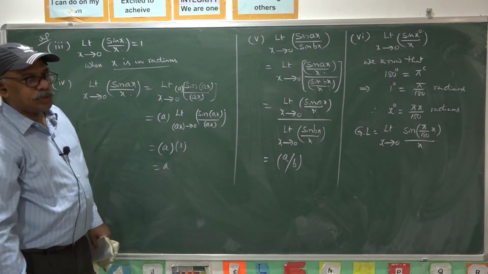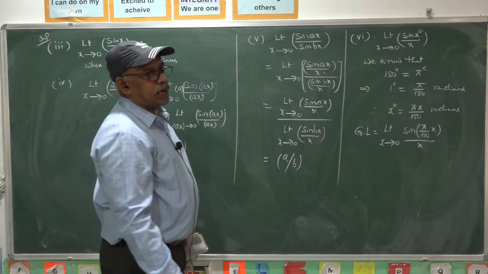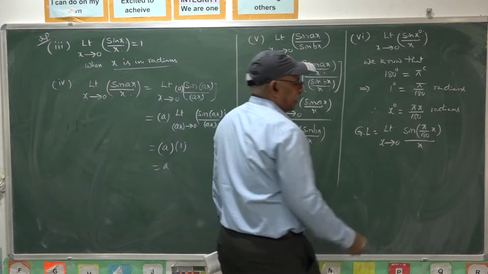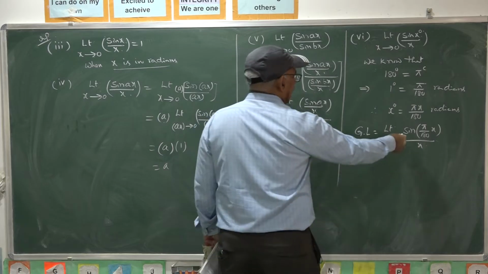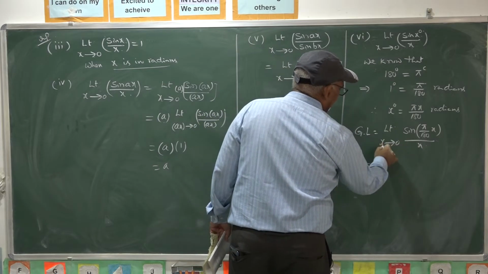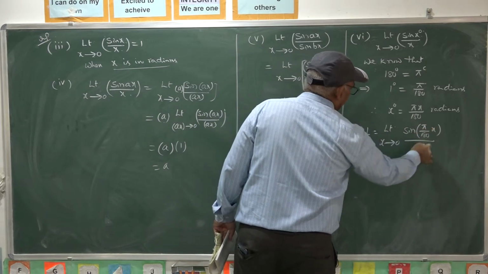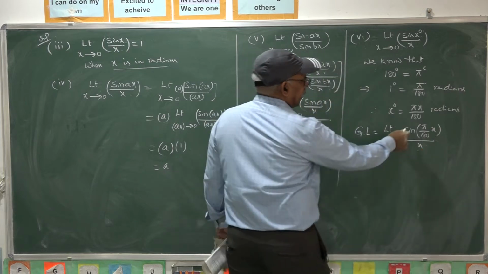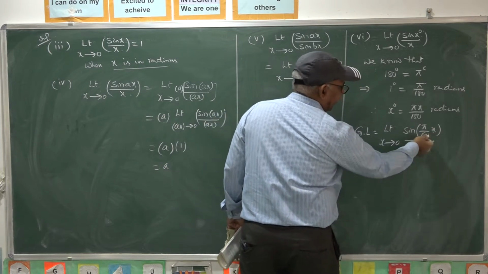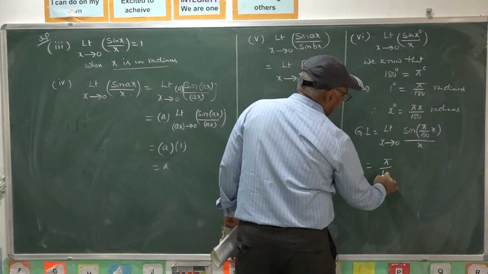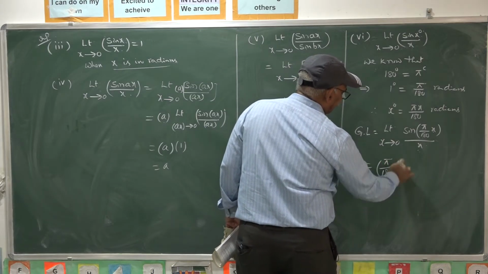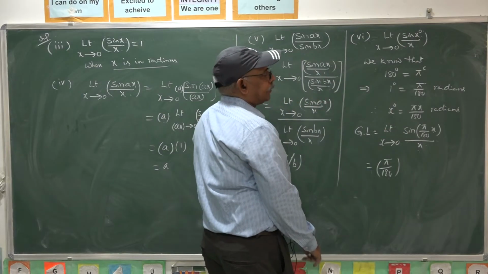So limit as x goes to 0, sin pi by 180 x by x. Here everything is in radians and it is of the form limit as x goes to 0, sin ax by x, where a is pi by 180. Hence, pi by 180 is our required limit.